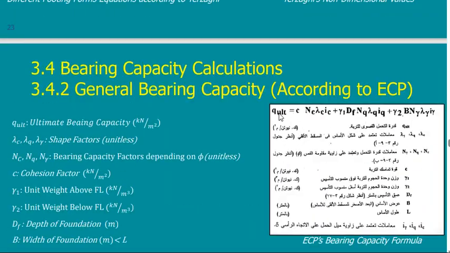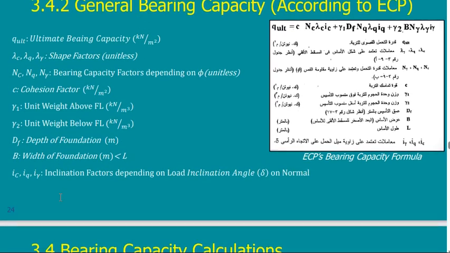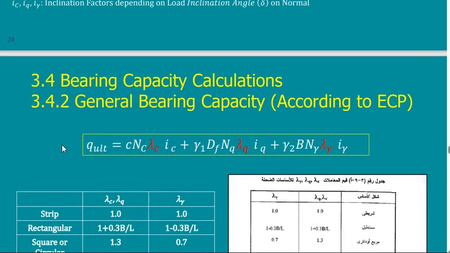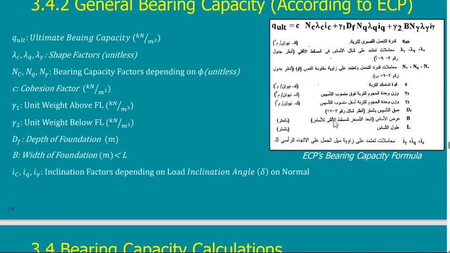But what is important is this one. This is the equation given in the Egyptian code, and this is the one that we are going to use in our calculation. Lots of factors. You are going to get all of these factors in your exam. Just substitute in the equation and get the allowable pressure according to the width of the footing based on the bearing capacity.